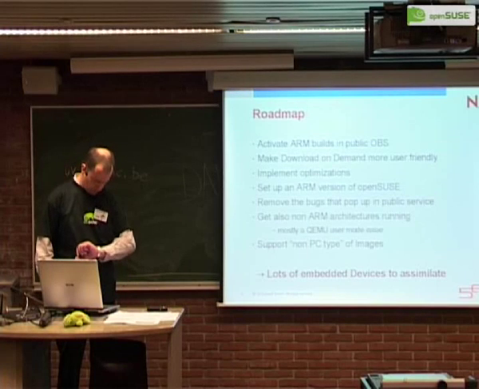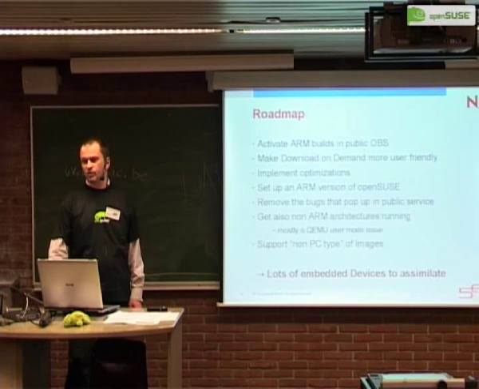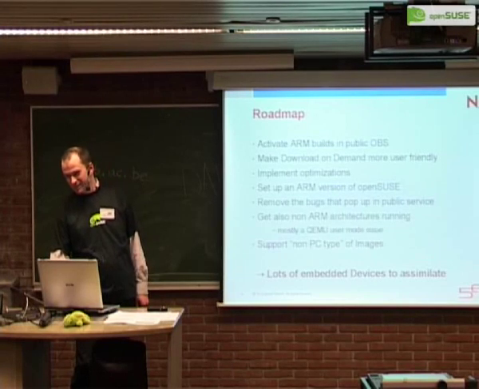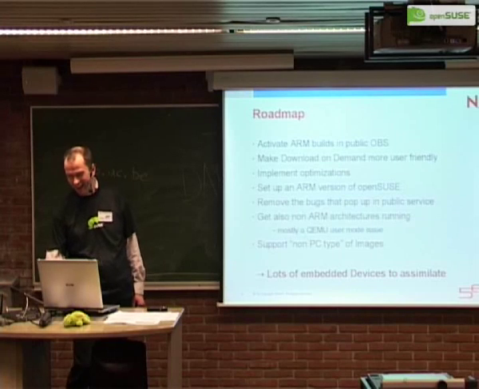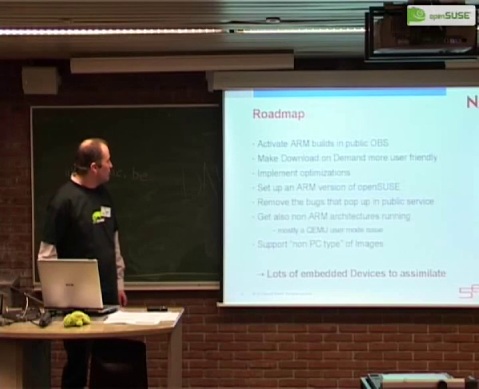Roadmap. We want to put that as fast as possible into the public openSUSE build service, for sure, so that every one of you can use it and build ARM packages. I'm looking at what Adrian's reaction is to this. Okay, let's discuss it in the questions.